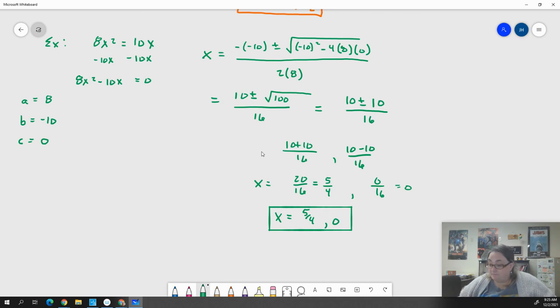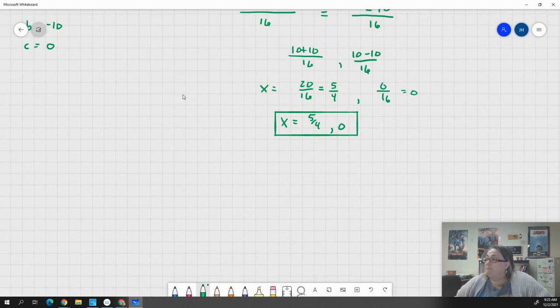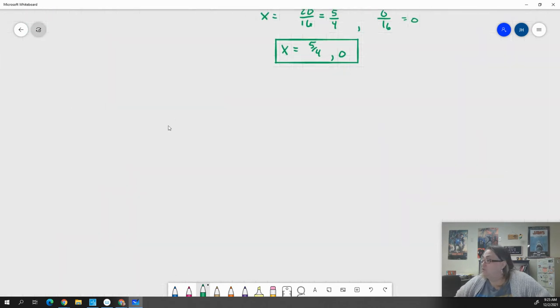So let's look at, I don't know what color to do it in. Let's do this color. I don't even know what example number I'm on, so I'm just writing example.